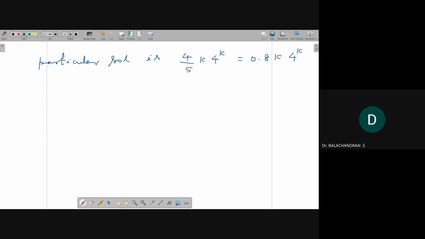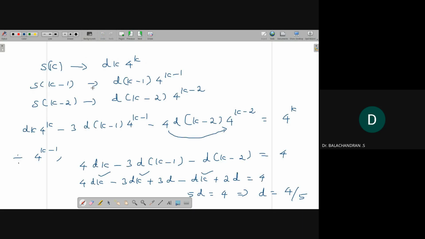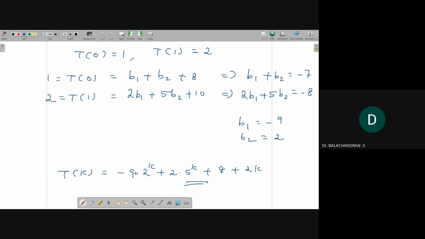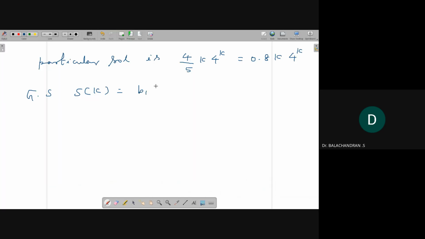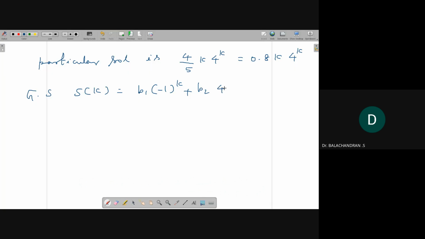So now the general solution s of k is equal to the homogeneous solution, b1 into minus 1 power k plus b2 into 4 power k, plus the particular solution 0.8 into k into 4 power k.